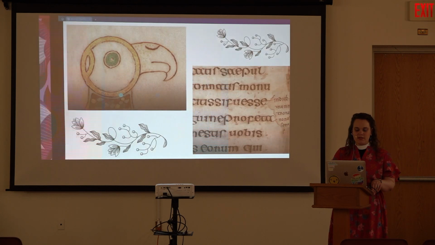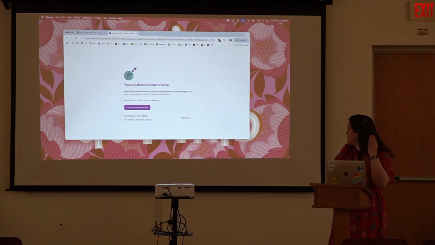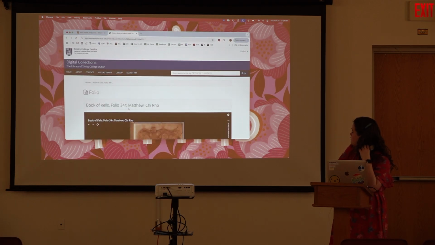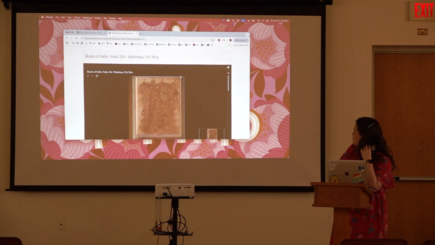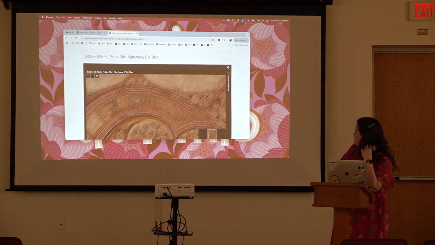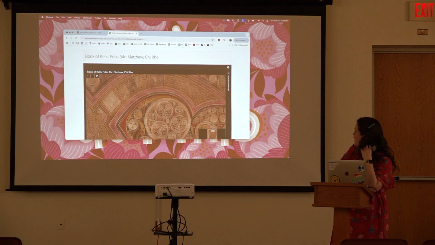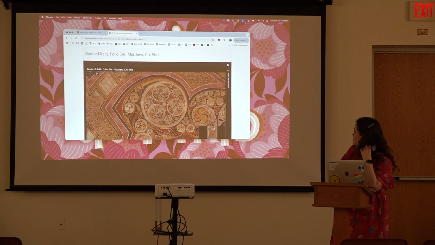This is another place where we can see in detail some of these pages. So when we zoom in on this one, we can see those knots, the Trinity.